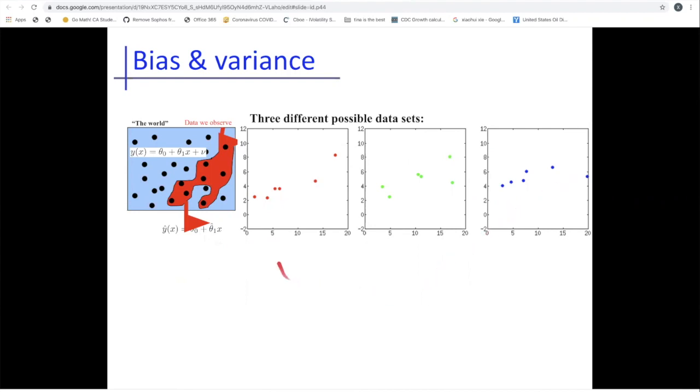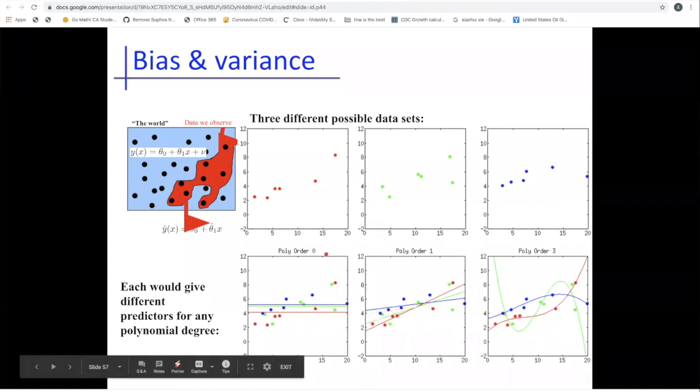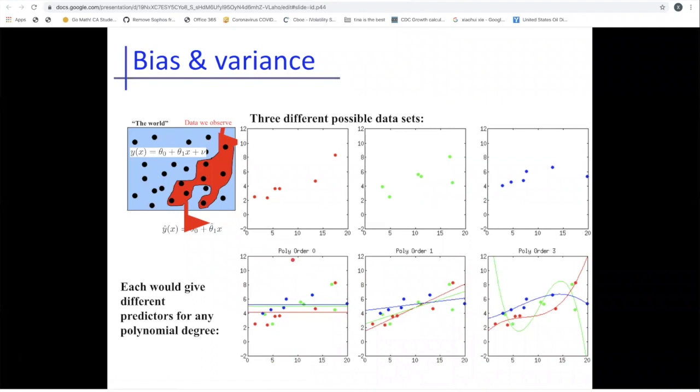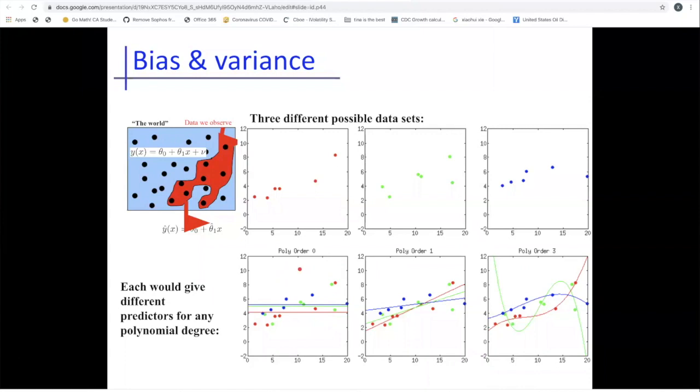Now let's say I'm going to apply those regression models on these three data sets and see what the performance looks like. In the bottom row, I show you the predicted models based on three different polynomial orders. The first one is the learned model based on the zeroth order polynomial, essentially just constant functions.